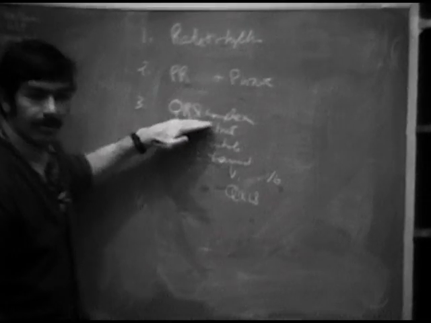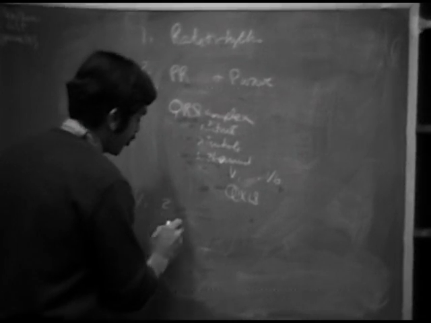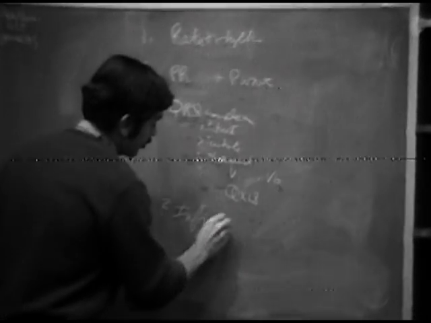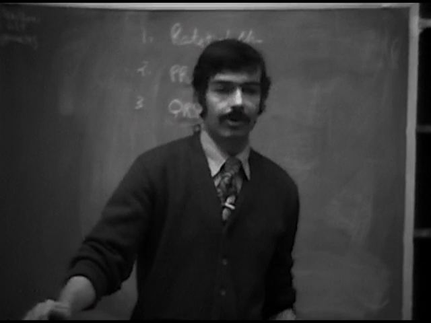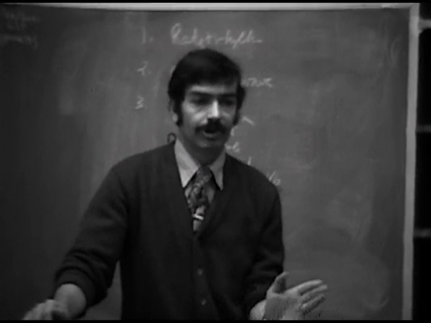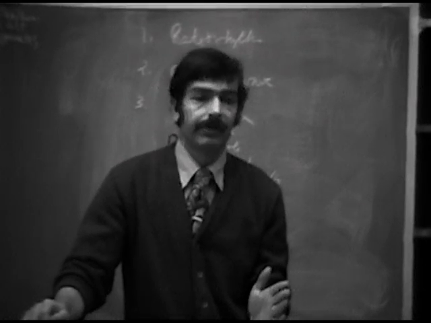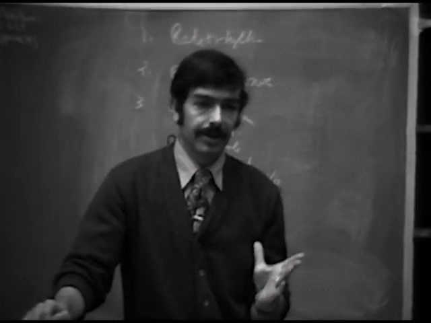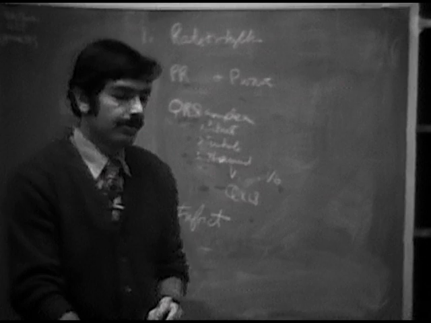But let's say our QRS complex was normal, and so we ask ourselves the next question: is there an infarct? In order to decide whether the patient has an infarct or not, we look at the frontal plane, 1, 2, 3, AVR, AVL, AVF, for significant Q waves. It's all right to have a significant Q wave in AVR, but in any other leads, you should not have a significant Q wave. We've defined significant Q wave.